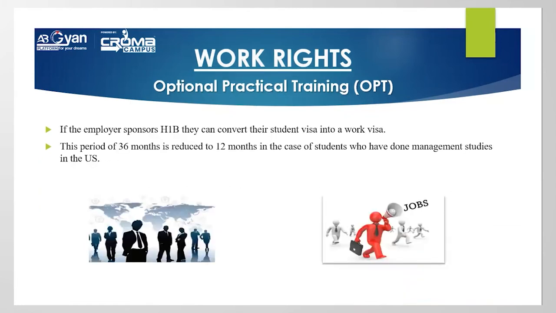Now, if you're working on OPT in the USA and your employer wants to extend your contract to more than 2 or 3 years, then he can convert your F1 visa to an H1B visa, which is a work permit visa. And if you're going for a management program in the USA, then your OPT period will be 1 year only.